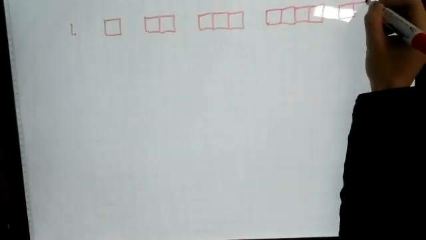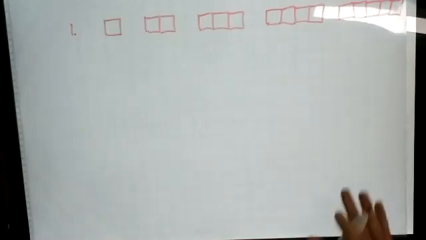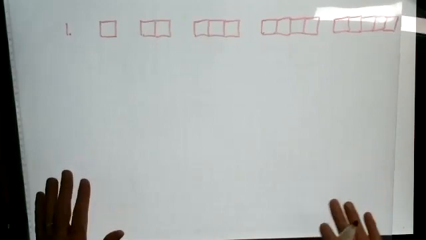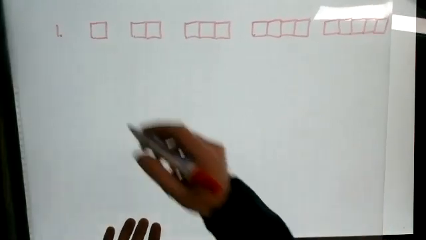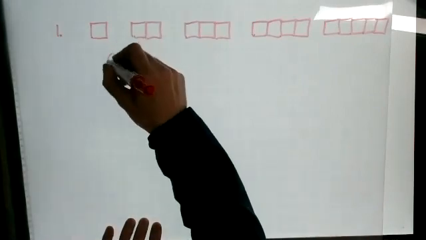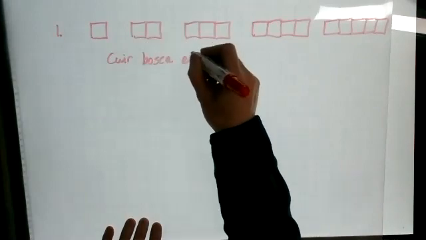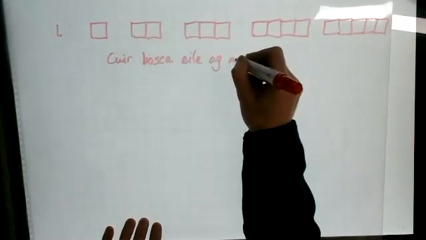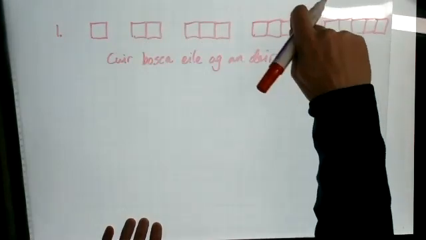Okay, so just attention to the text. So describe by a rule there. So each time we add one box, so the core box stays the same.